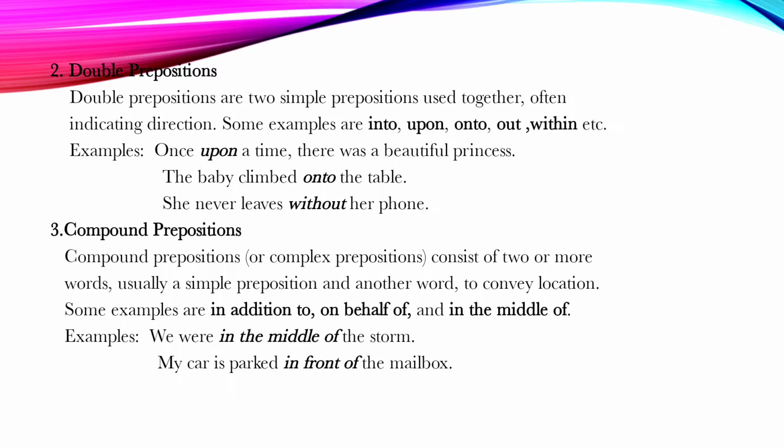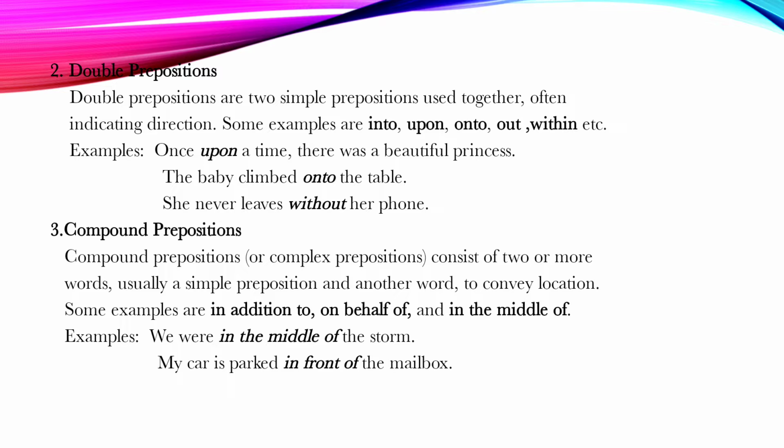They are two simple prepositions joined together and we use this as into. And then upon, onto, within. All these are examples of double prepositions.